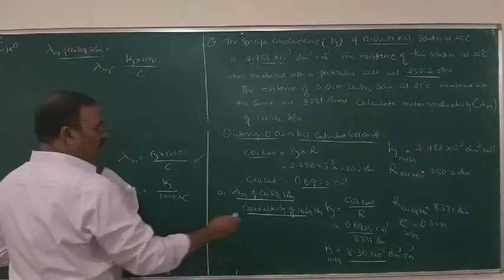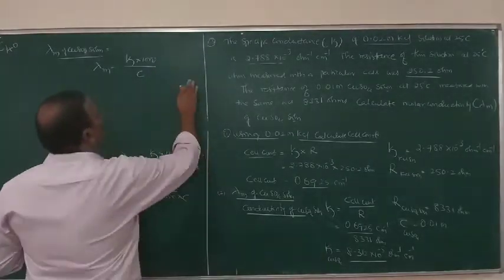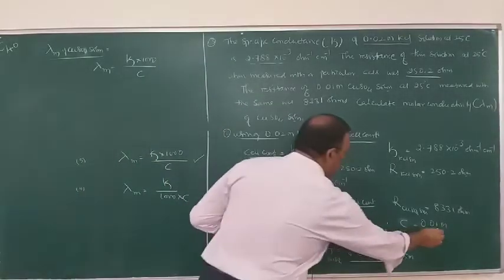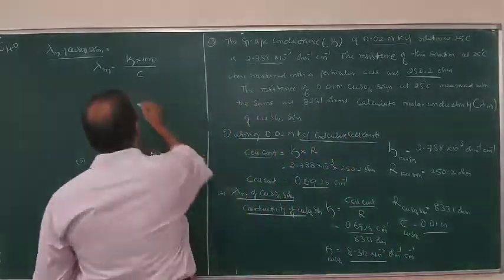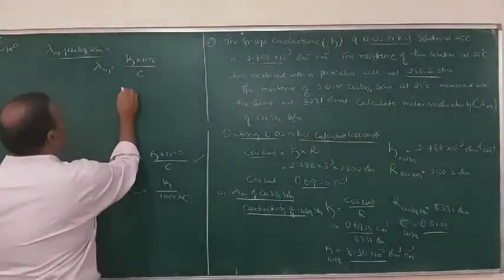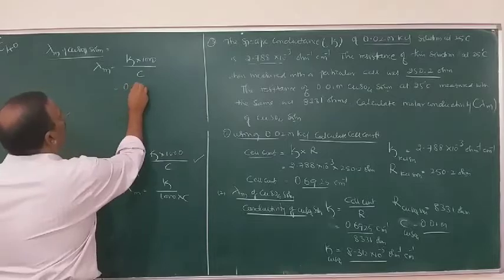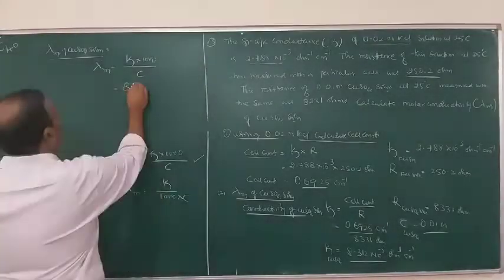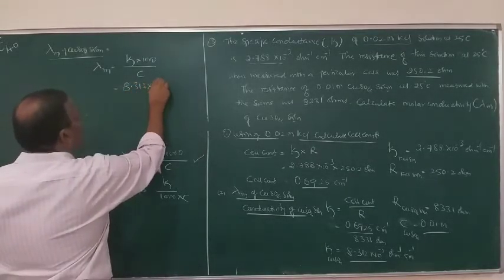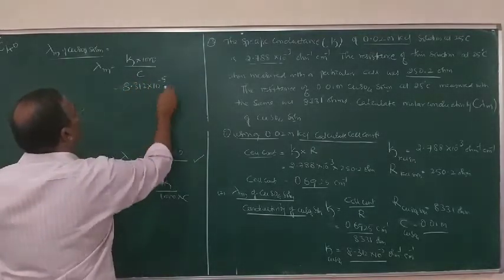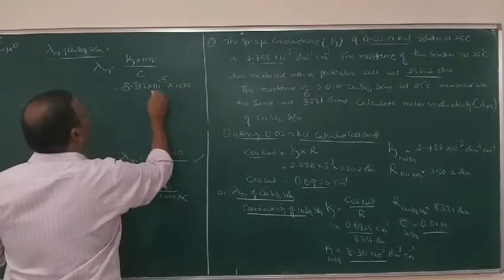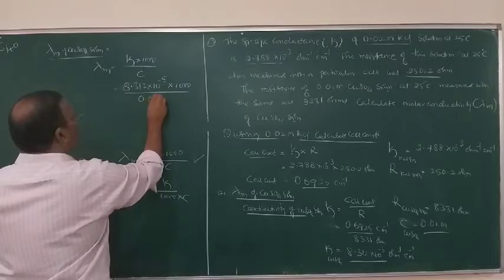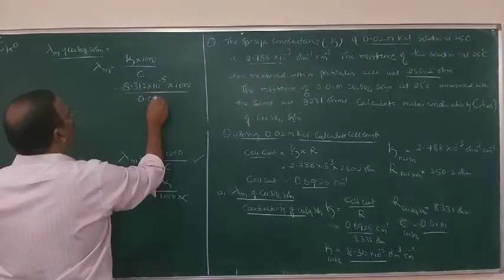So here kappa is determined, and concentration of copper sulfate solution is 0.01. So substituting here, you will get kappa, 8.312 into 10 to the power of minus 5, into 1000 divided by C. What is concentration? 0.01 mole.